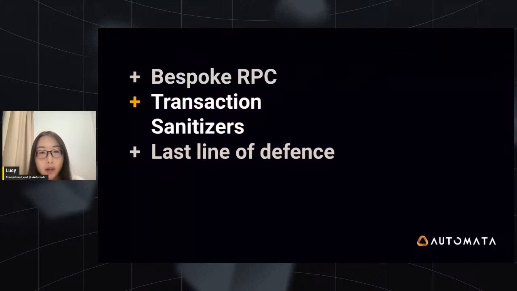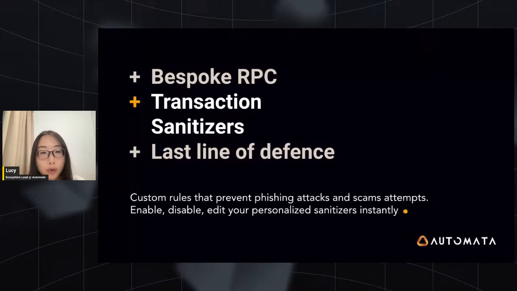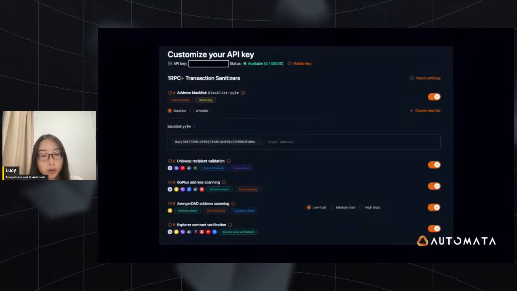One of the first and main features that OneRPC Plus has at the moment is transaction sanitizers. These are customized rules that prevent phishing attacks and scam attempts, and you can enable, disable, and edit your personalized sanitizers instantly. Now we have an overview of the transaction sanitizer.